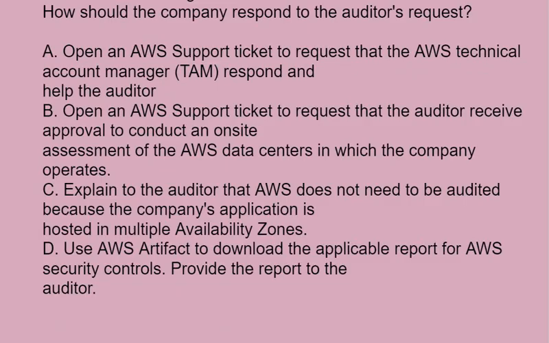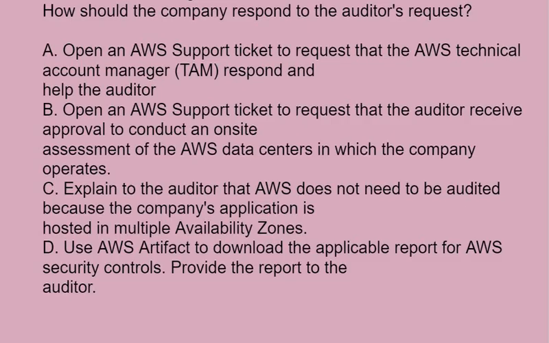Option B, open an AWS support ticket to request that the auditor receive approval to conduct an on-site assessment of the AWS data centers in which the company operates. Option C, explain to the auditor that AWS does not need to be audited because the company's application is hosted in multiple availability zones. Option D, use AWS Artifact to download the applicable report for AWS security controls. Provide the report to the auditor. Correct answer is option A.